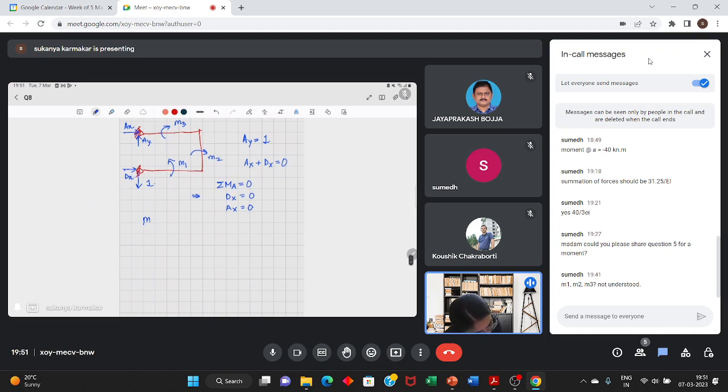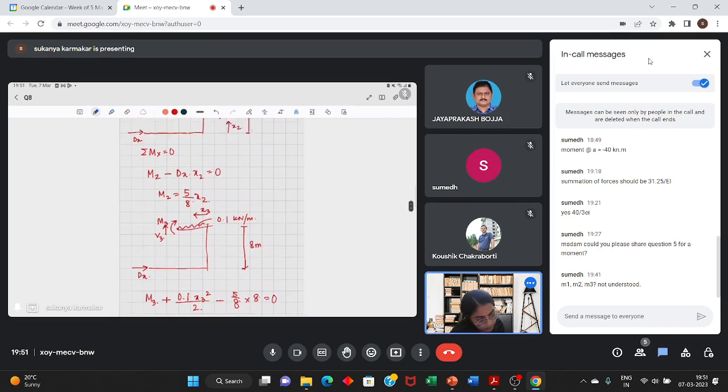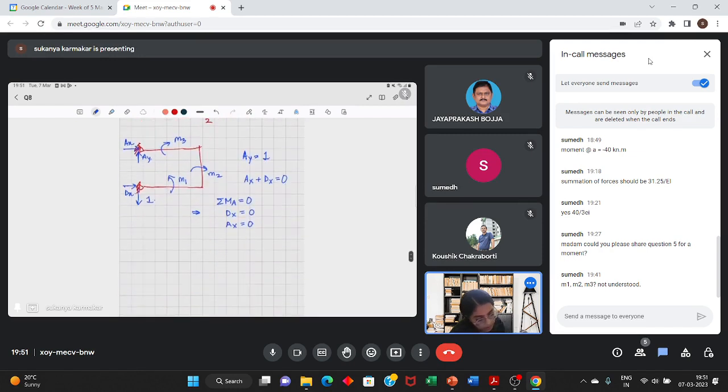So small m1, that moment: this 1 kilonewton which you are applying at support D is basically generating a hogging moment.